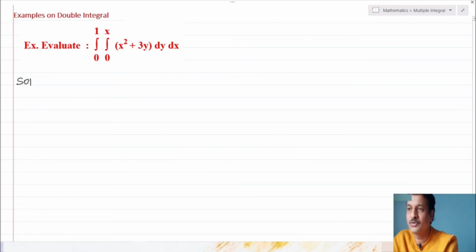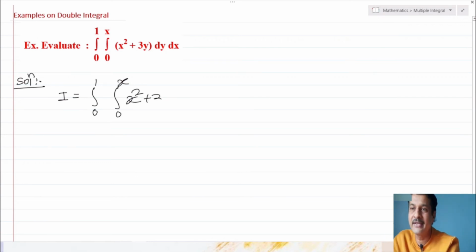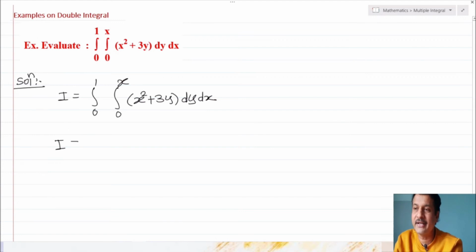Solution. So I equal to, the given thing I will write again, that is integration 0 to 1, integration 0 to x square, of x plus 3y dy dx. So here the sequence is that first integrate with respect to y. So only y you consider inside, in the bracket.